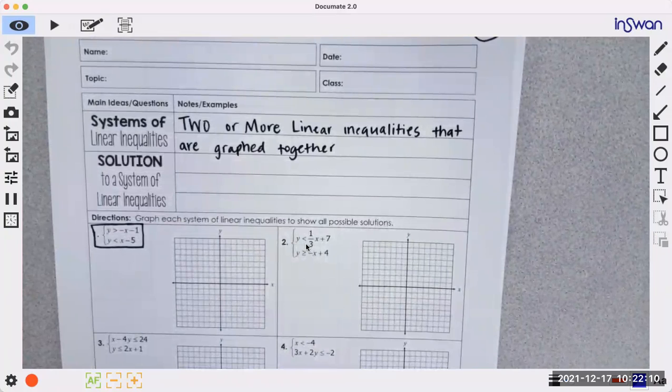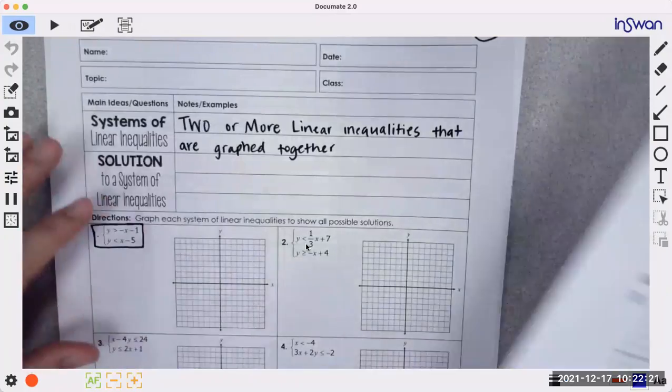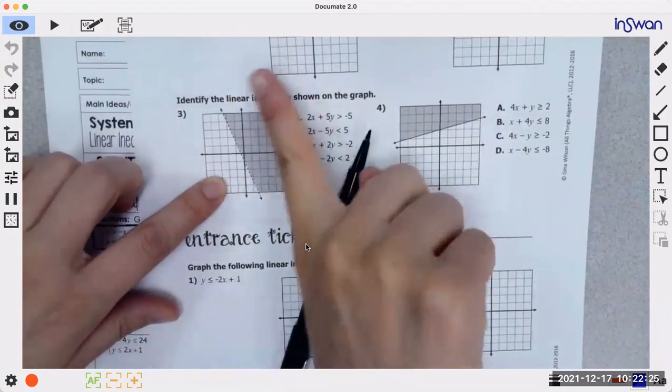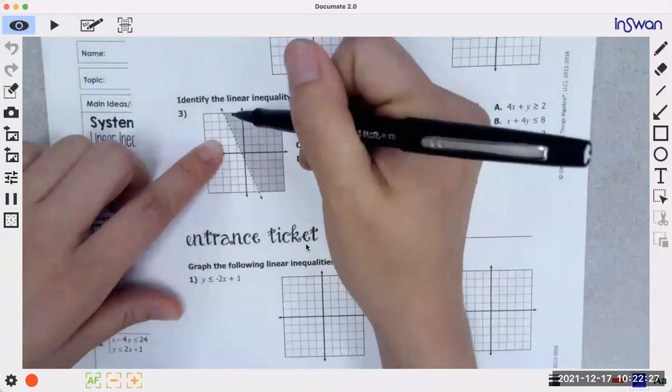And when you think about when we graph one, the solution was all the points that made it true. When we graphed our one inequality, we had a whole area that met the requirements except for the dotted line.